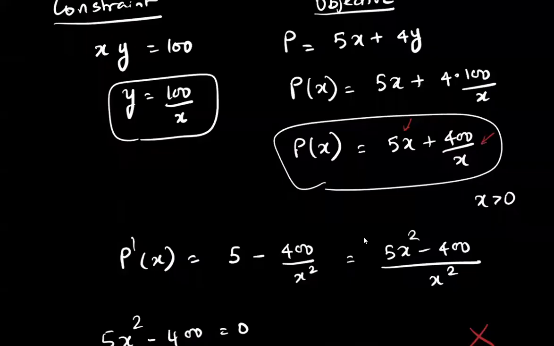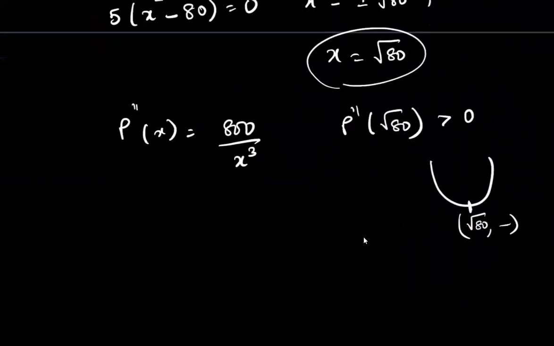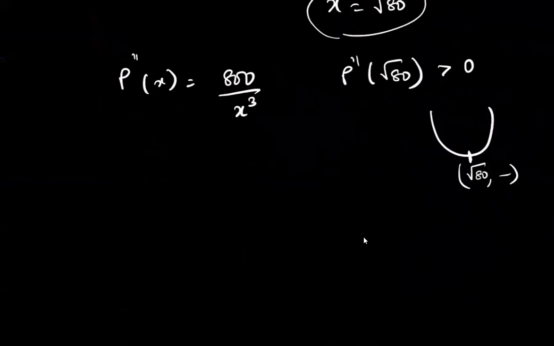So on one end your function is going to infinity. Now, when x goes to infinity, this goes to 0 and this goes to infinity. So the other end also goes to infinity, correct? Which means that this value is going to be my absolute minimum.